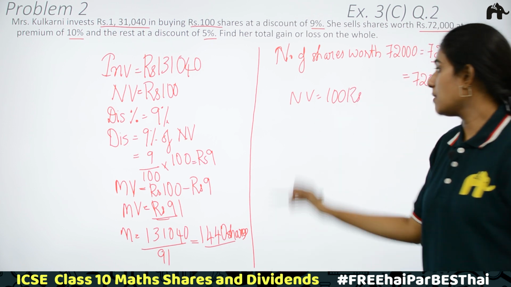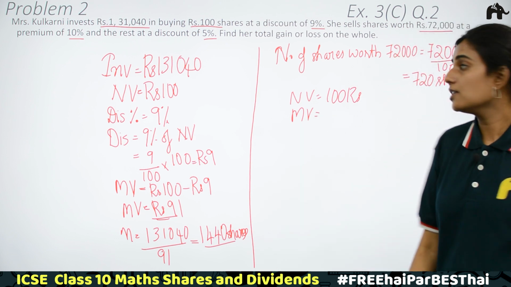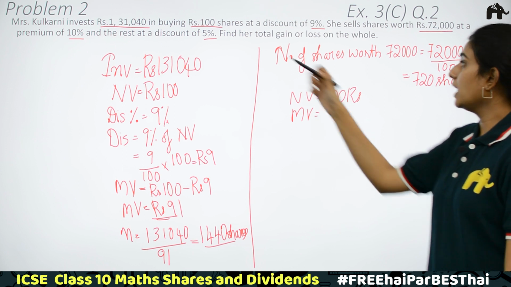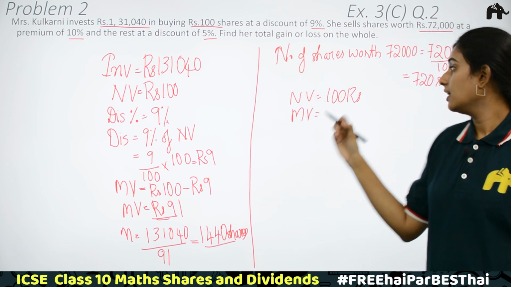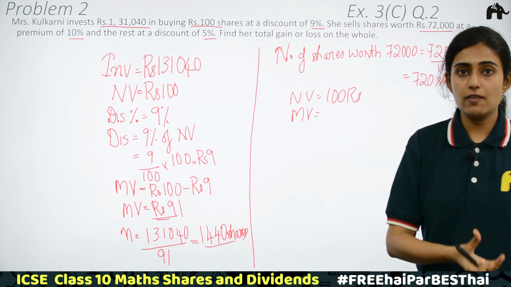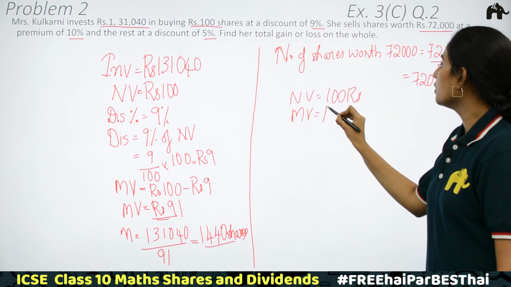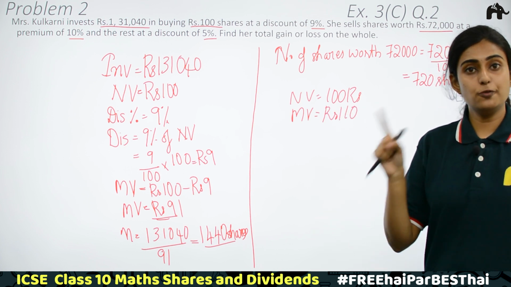We need to find the market value. Market value will be equal to nominal value plus premium. 10% of 100 we know that is equal to 10. Then what is the market value? Nominal value plus premium. You will be getting 100 plus 10, that is rupees 110. This is market value for one share.